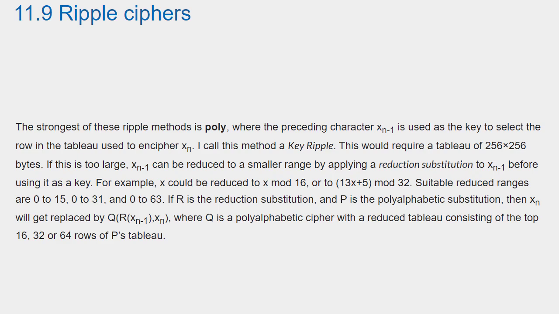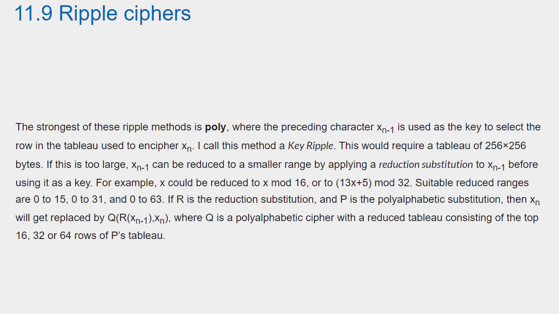The strongest of these ripple methods is poly, where the preceding character xn-1 is used as the key to select the row in the tableau used to encipher xn. I call this method a key ripple. This would require a tableau of 256 by 256 bytes.